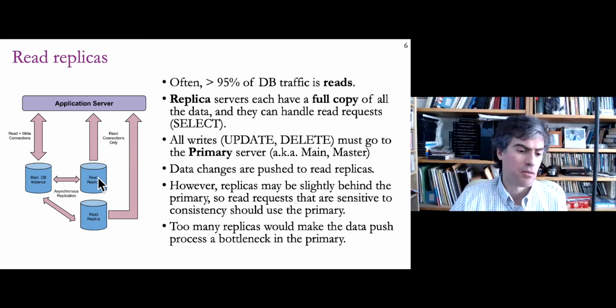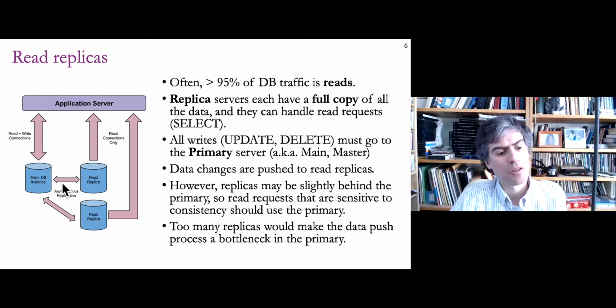And these databases are configured so that the database management software is designed to allow you to specify these relationships so that the data flows downward. Actually, these arrows probably should be single directional, not bidirectional, because the data is really just flowing in one direction because the writes are happening here. And when data is updated here in the main database, it gets pushed to the read replicas, or perhaps the read replicas would ask periodically, do you have any updates? Maybe that's why the arrow is bidirectional.